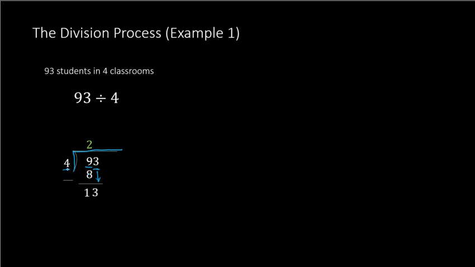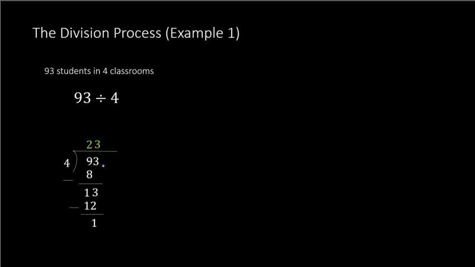Now how many times does 4 go into 13 without going over? That's going to be 3 times, because 3 times 4 gives you 12. Then we subtract 13 minus 12, that gives you 1.